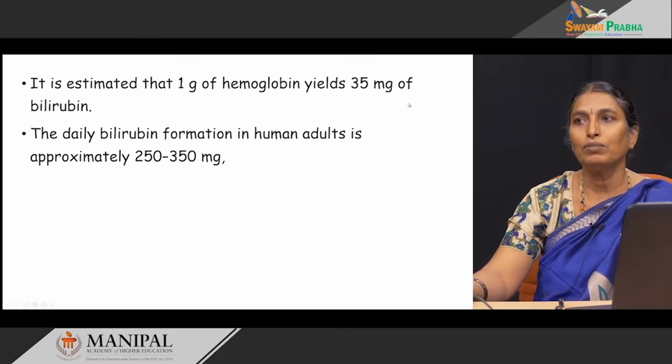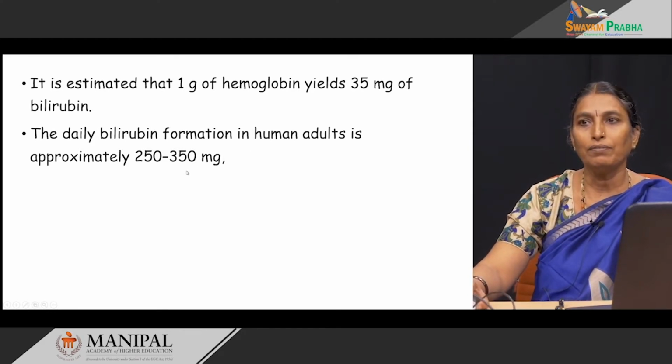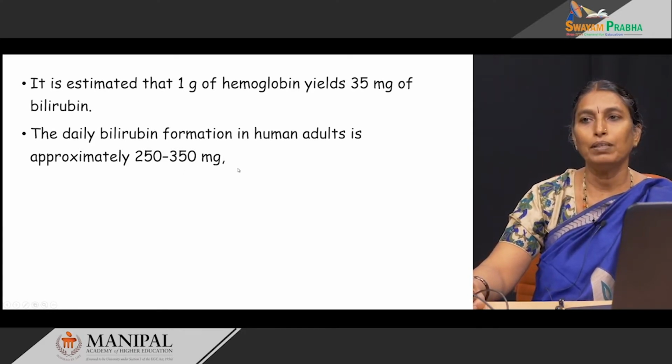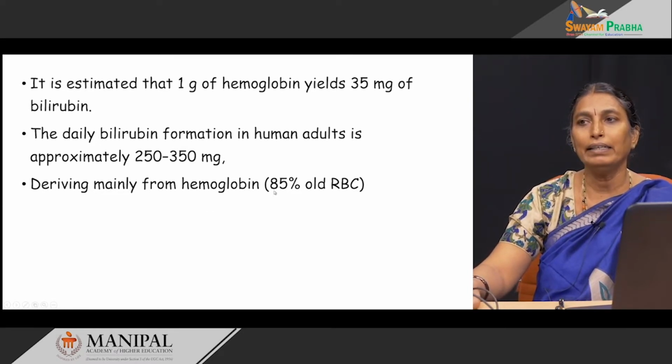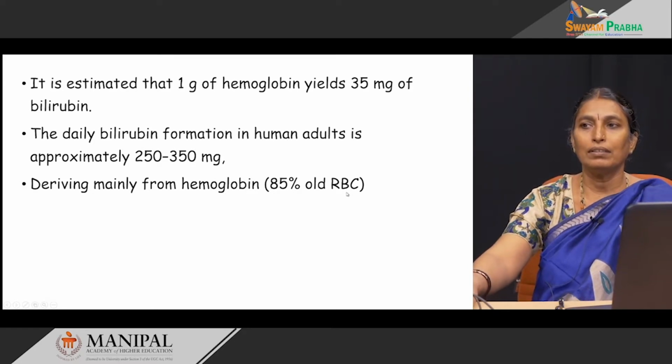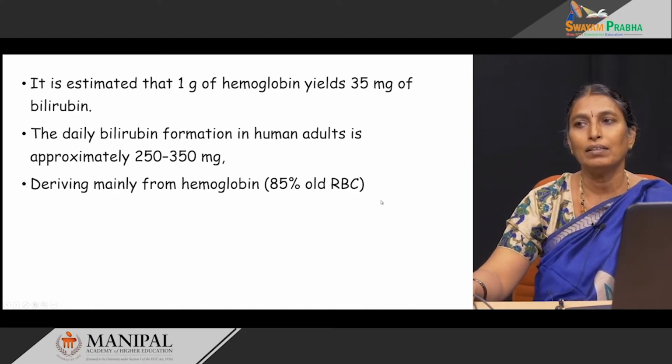So, 1 gram gives 35 milligrams of bilirubin, and 6 grams can give nearly about 250 to 350 milligrams of bilirubin per day. The majority of the heme comes from hemoglobin, that is 85% from old RBCs. They finish their lifespan and have to be removed from the circulation.